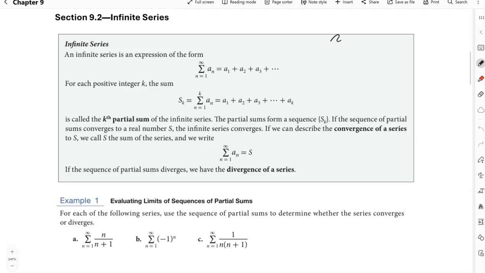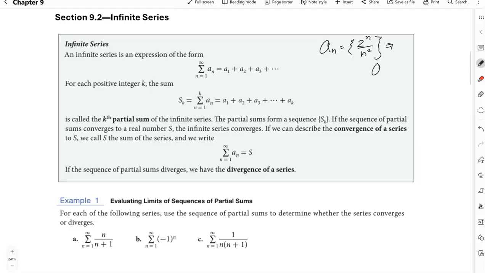So maybe we have a pattern, a sub n, could be something like 2 to the n over n squared. And we could list out a set number of terms.